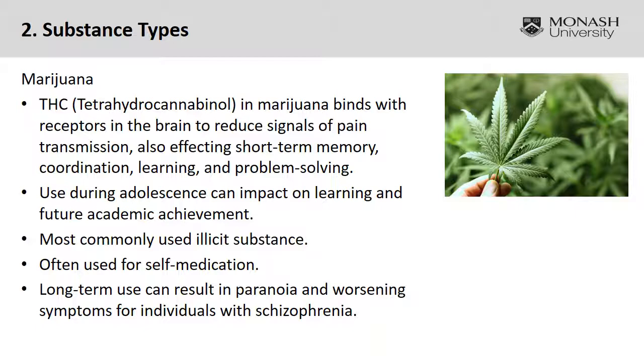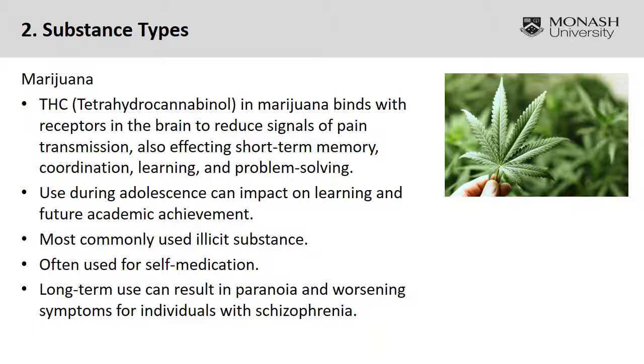There's an argument that there might be some people with a predisposition for schizophrenia, and smoking marijuana can act as a sort of trigger for those symptoms. Although you might argue that those people may have gone on to develop schizophrenia anyway.